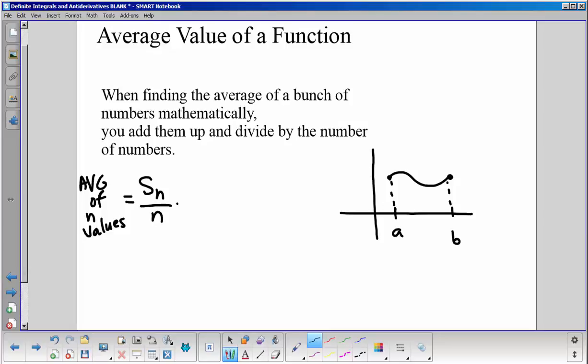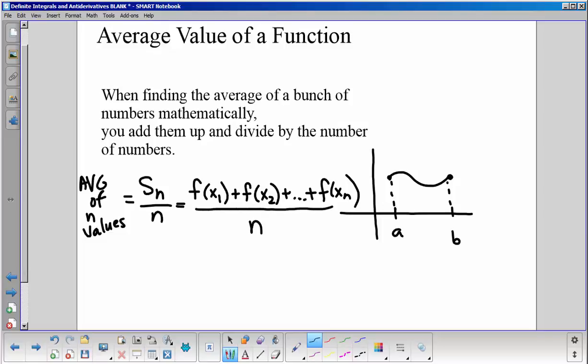So what's the first one going to be? f of a, but we could say f of x sub 1 and not limit ourselves to just this interval. Plus f of x sub 2, plus dot dot dot, plus f of x sub n, and that would be the last one. All divided by n of them, right?